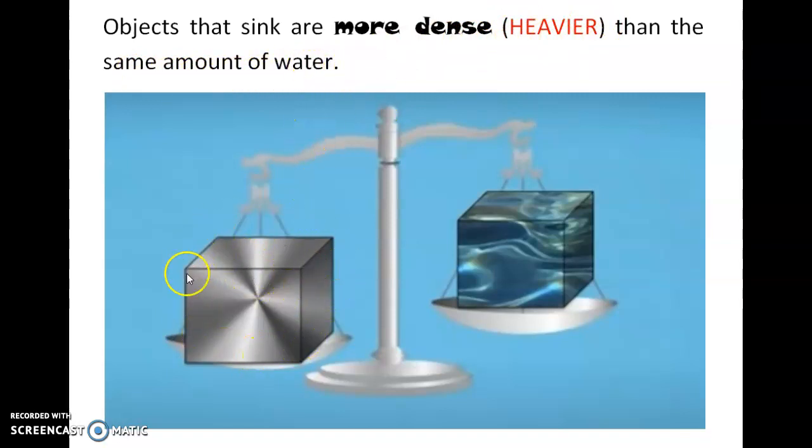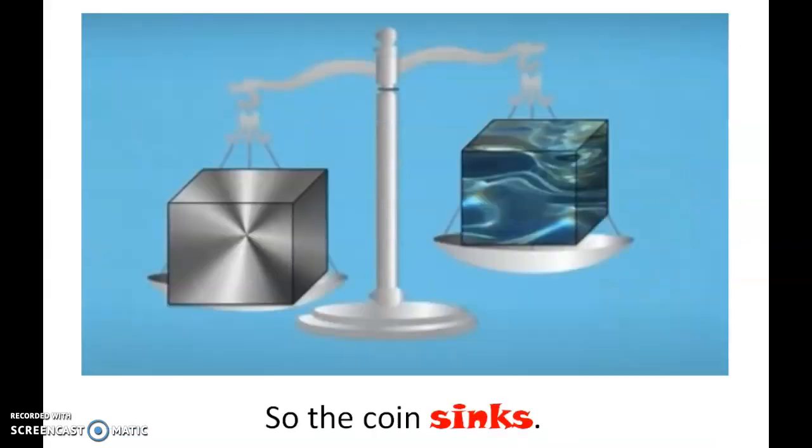The metal, for example, is heavier than the same amount of water. And so what happens to our euro? What happens to the coin? So the coin sinks. It goes down into the water. It sinks.